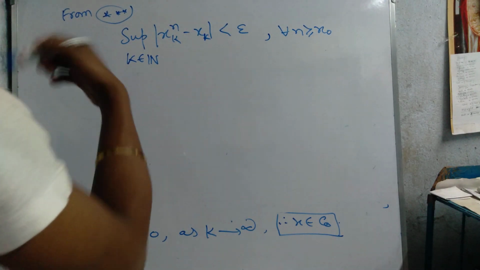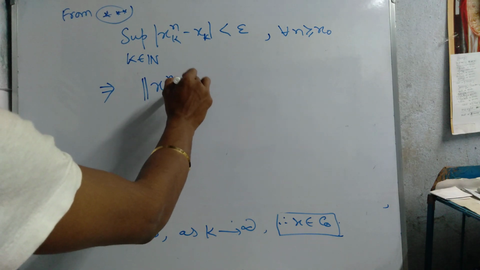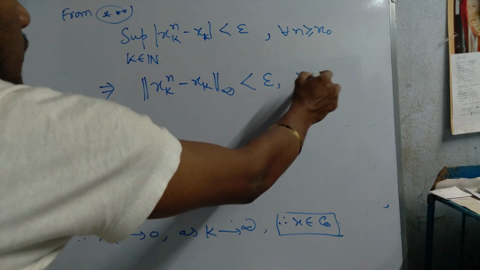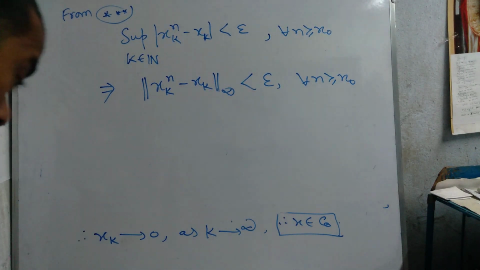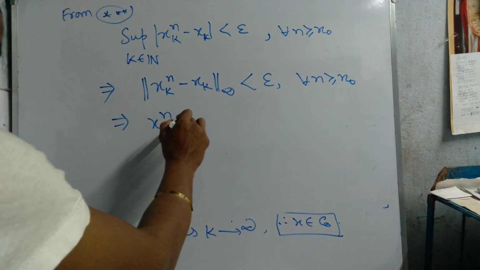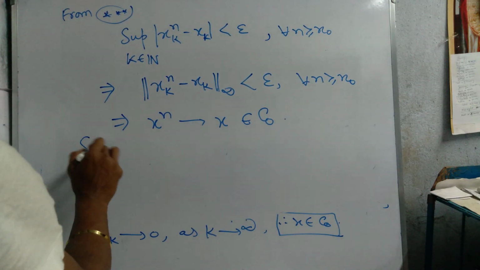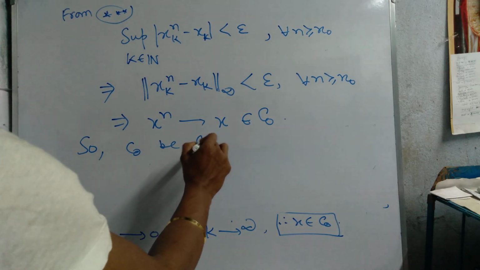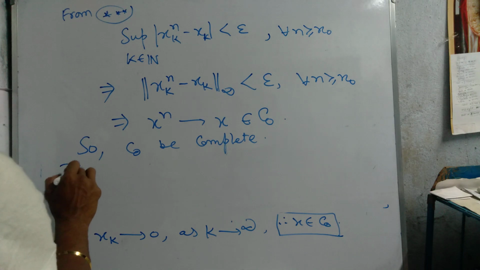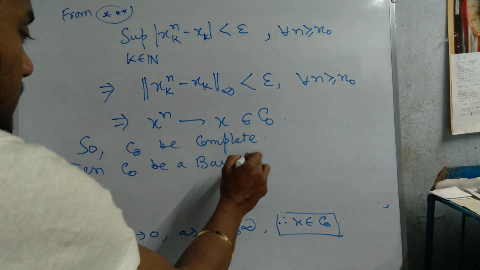Taking the supremum on both sides, this implies the norm of x^(n) minus x in sup norm is less than epsilon for all n greater than or equal to n0. This implies x^(n) converges to x belonging to c0, so c0 is complete. And then c0 is a Banach space.